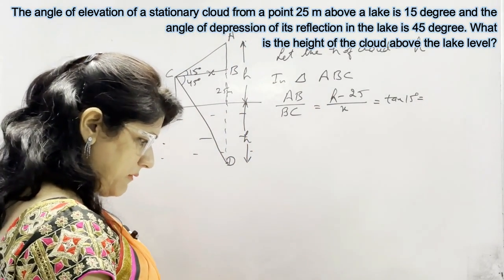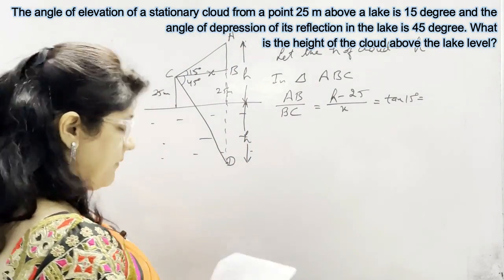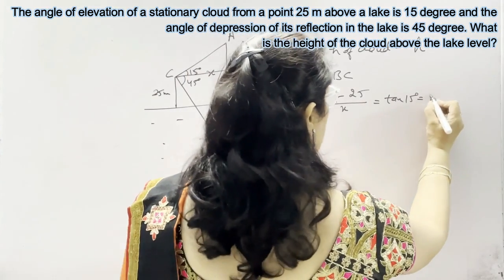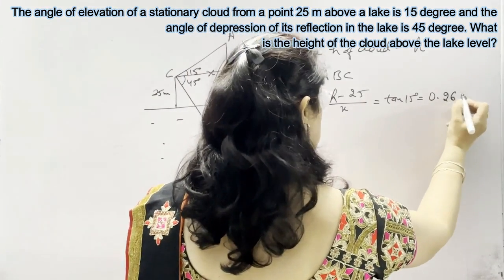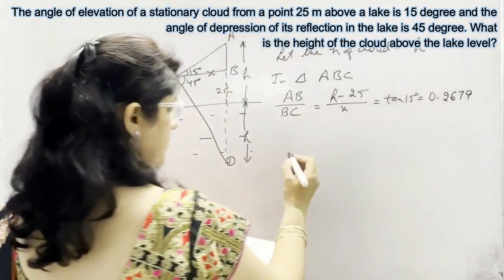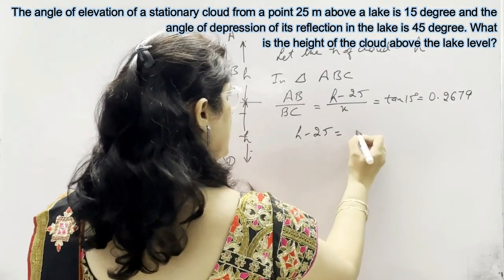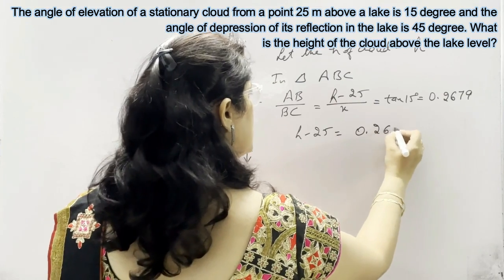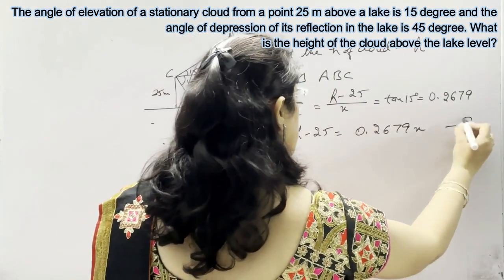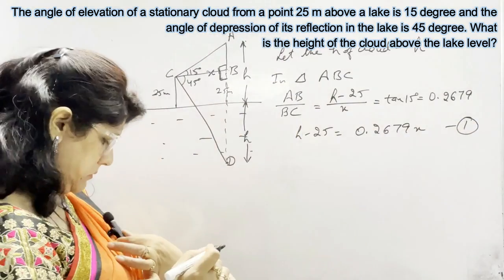And the value of tan 15 is 0.2679. So here h minus 25 is equal to 0.2679x. This is our first equation.